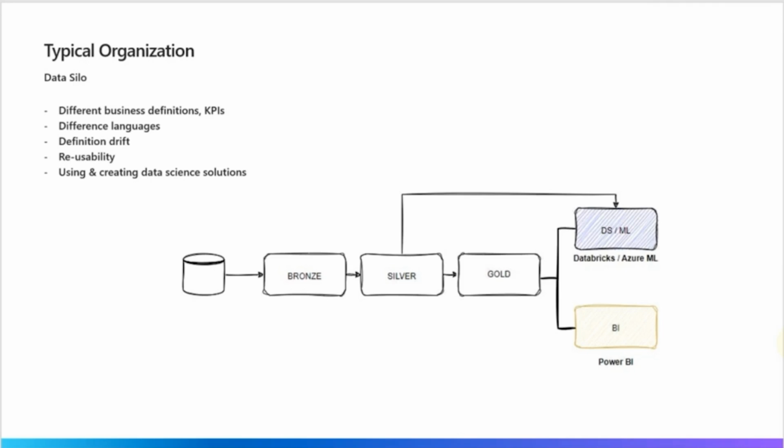Number two is the difference in languages, meaning the BI developer typically won't use Python or R. So even if they are using those languages, it's going to be hard for them to figure out how these different features or these different business definitions are created and what they mean. So again, taking an example of, let's say, forecast. The forecast is going to be created based on, let's say, sales.